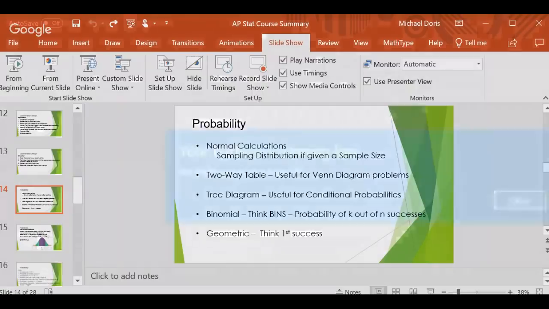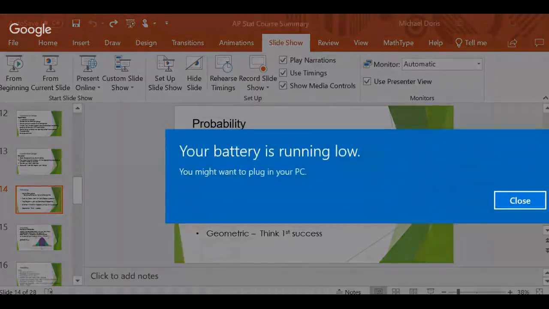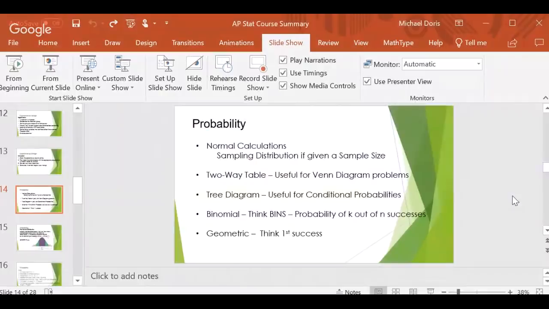Just remember that means will behave exactly how you think they'll behave. You add them, you subtract them. With standard deviations, you combine the variances. So you might have to do that and then do a normal calculation afterwards. That's probably the extent of what you would see with that.